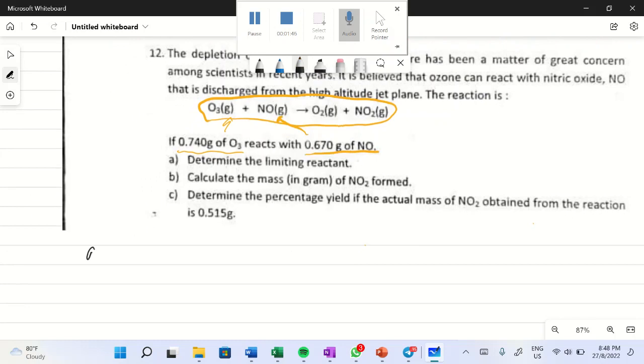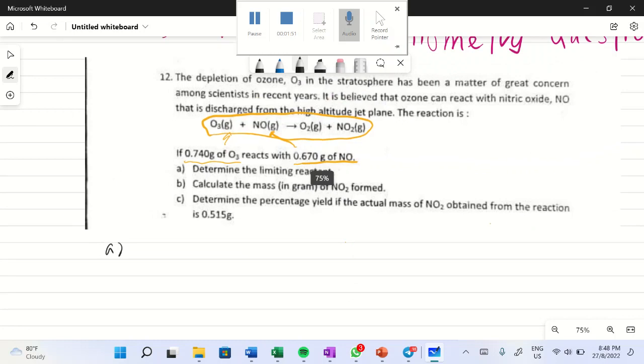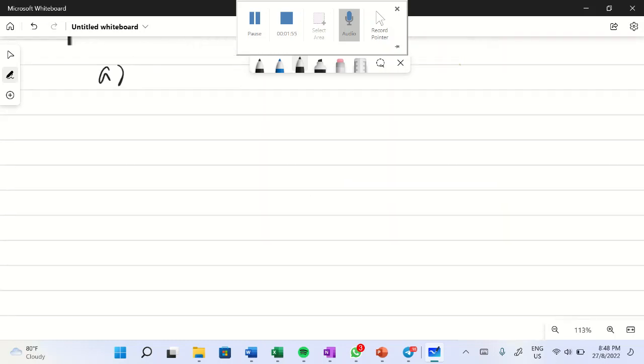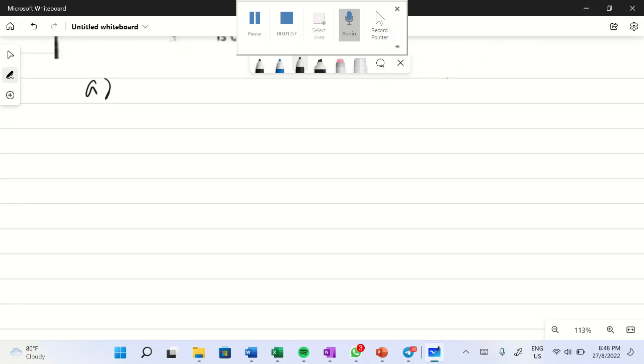A. Determine the limiting reactant. So the first thing we need to do is we have to make the proportionality of the mole. These are the keywords.